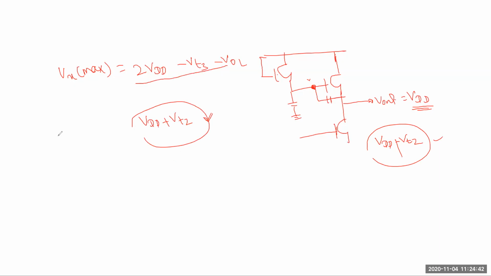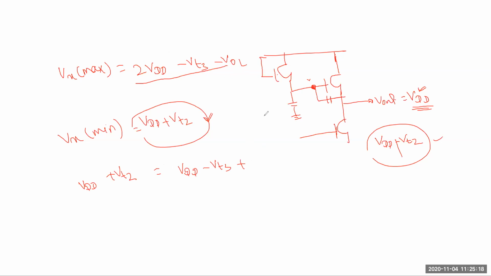So the Vx minimum we require is VDD plus VT2. If this voltage is VDD plus VT2, then you can get VDD, and that will be sufficient for our operation. So if you equate this, VDD plus VT2 is equal to VDD minus VT3, plus that value.